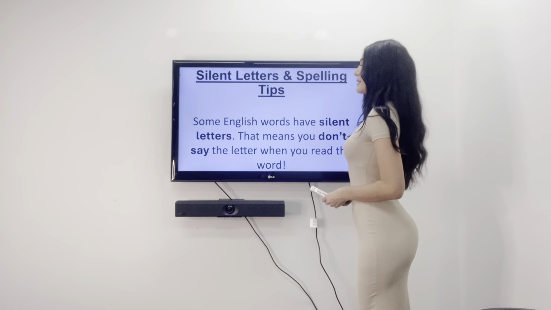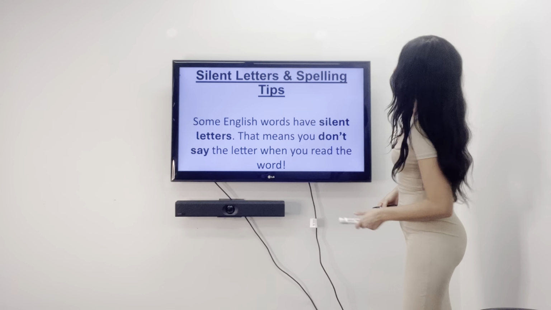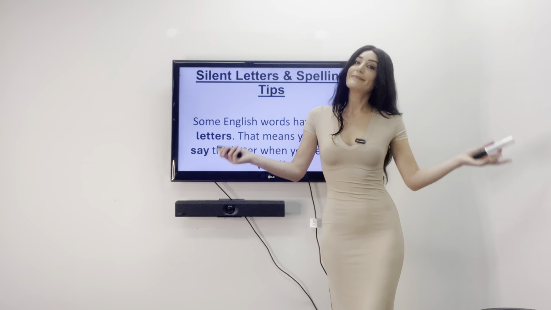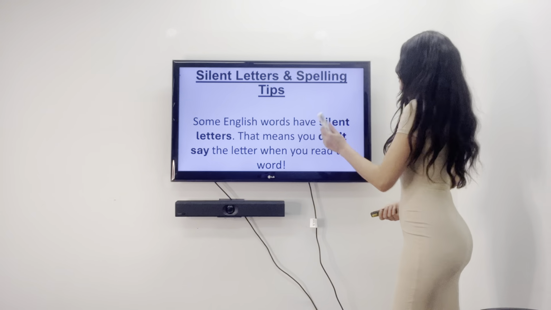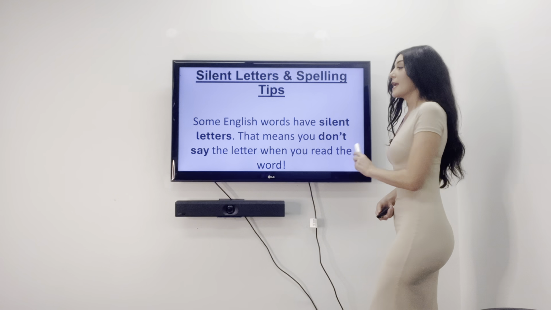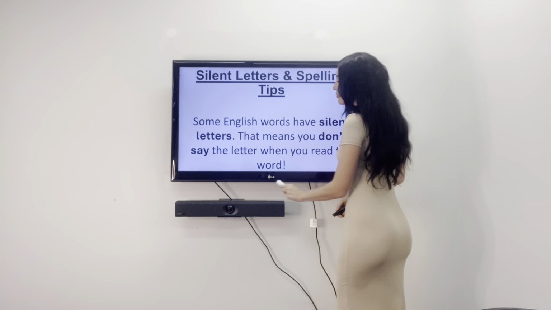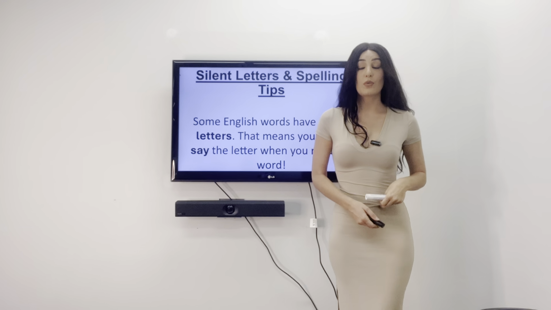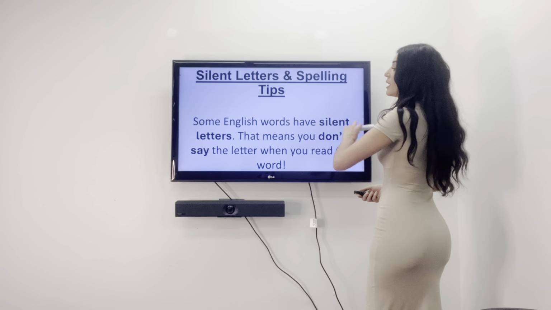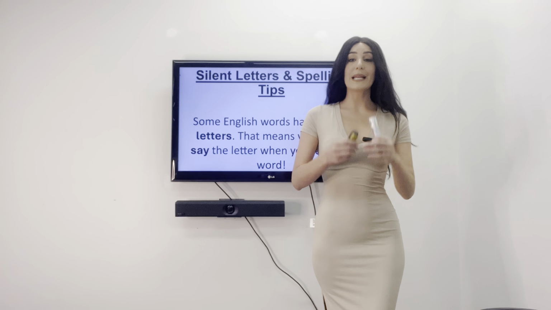All right, let's talk about some spelling tips, okay? So some English words have silent letters. I'm sorry to say. That means you don't say the letter when you read the word. If you would like to copy that whole sentence or sentences down, if you want to copy all of this down, do it so that you can really understand what I'm talking about. Some English words have silent letters.